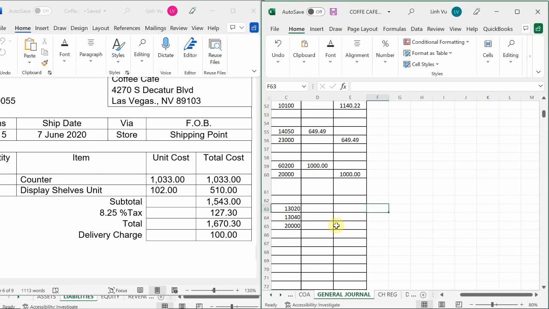Can I divide 1770.30 in half and say 50% of the bill is going to go to the counter, 50% to the display shelves?